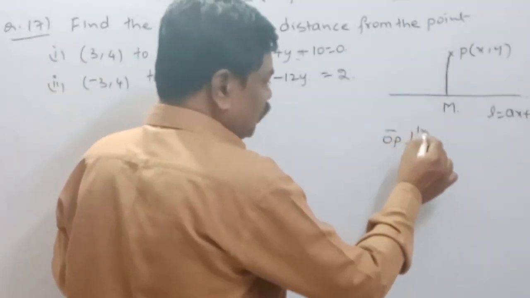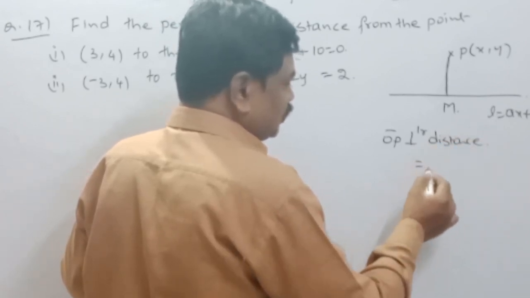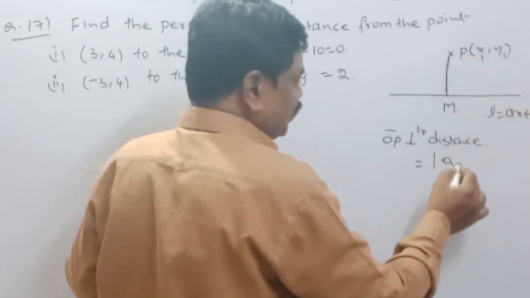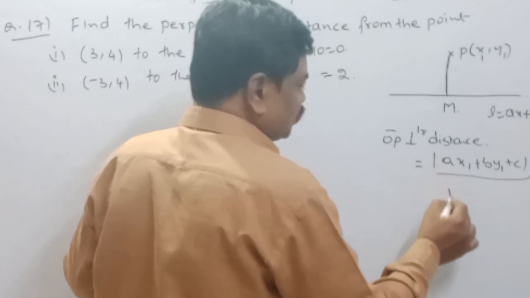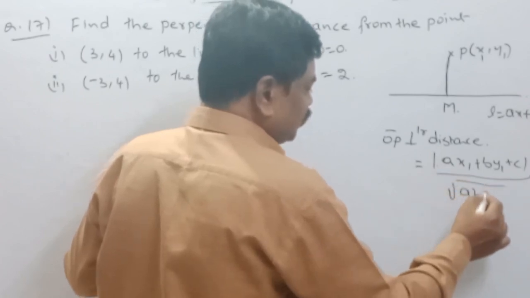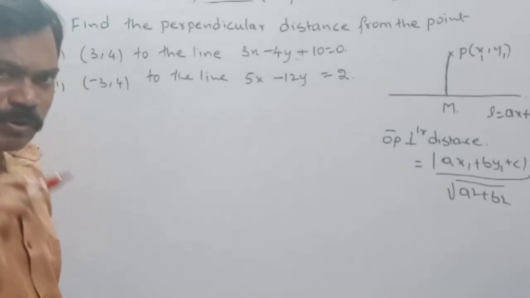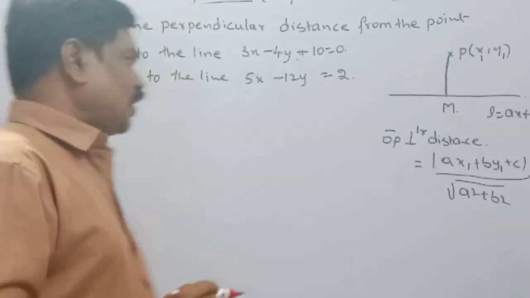It is equal to modulus of (a x1 plus b y1 plus c) by root over (a squared plus b squared). This is the perpendicular distance from the point to the given line.